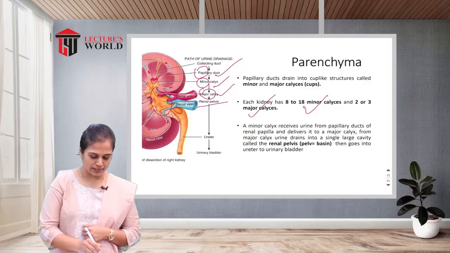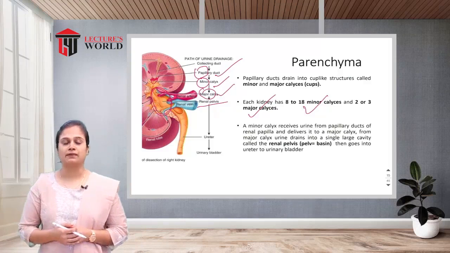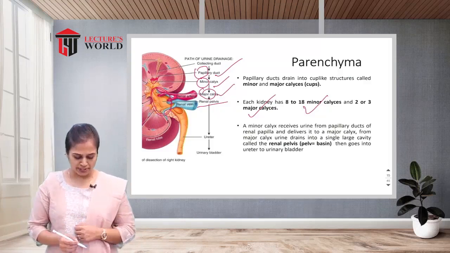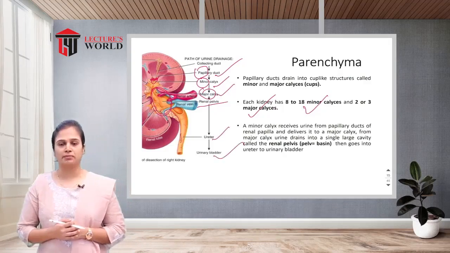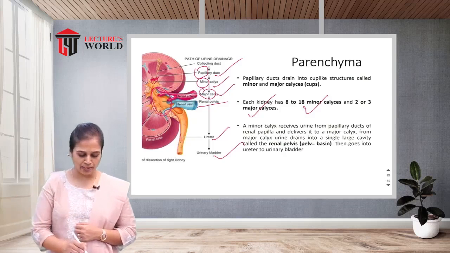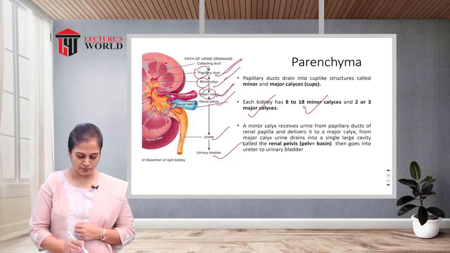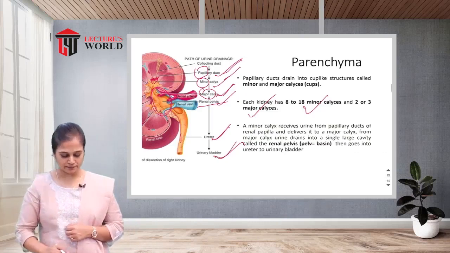You can see this is the renal pelvis, and from the renal pelvis urine goes into the ureter and then into the urinary bladder. So basically, from the papillary duct to minor calyx to major calyx, to renal pelvis, to ureter, and then into the urinary bladder.